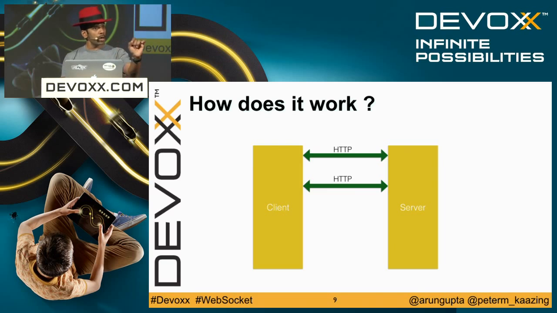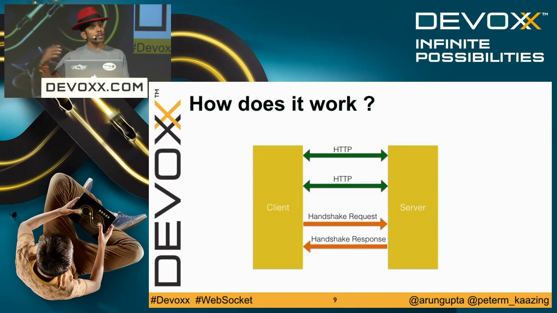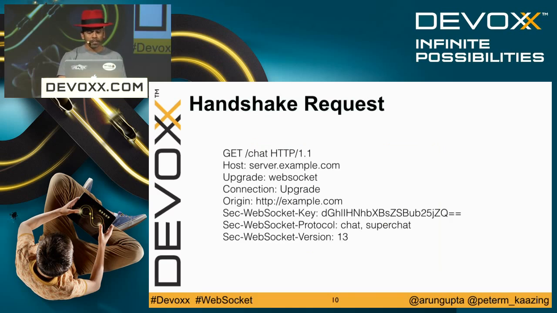That initiates what is called a handshake request. How the handshake request looks is defined in RFC 6455. It is basically a set of HTTP headers that goes over the wire. If a server understands the handshake request, it responds back with a handshake response. Okay? Let's take a look at the handshake request and response.